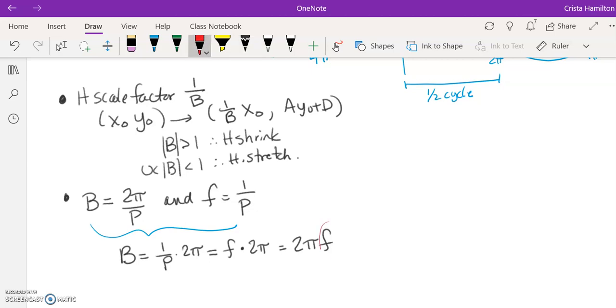So this gives us another way of finding b, if we know the frequency.